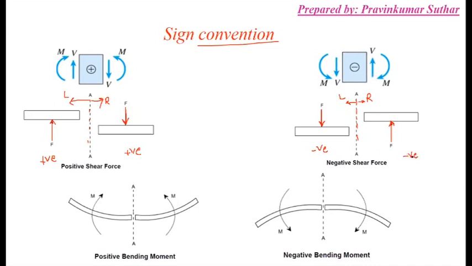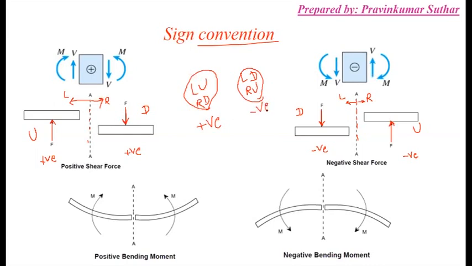If you want to remember, upward is U and downward is D. So you can say simply L U, R D: these are positive. Or simply L D and R U: these are negative.